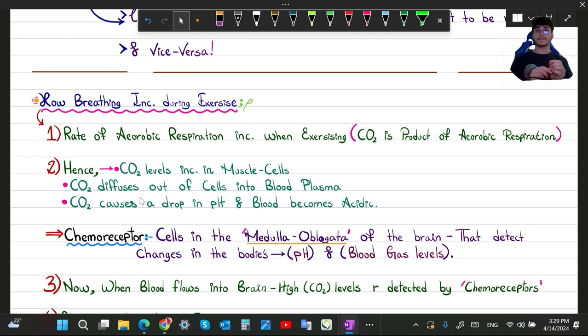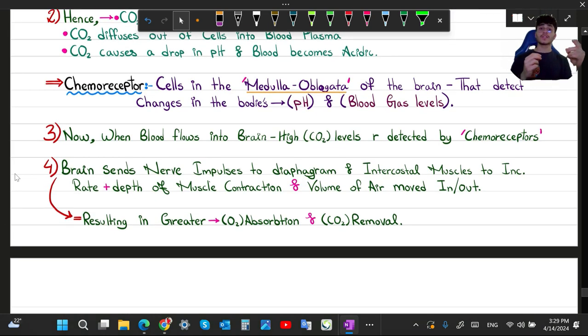Chemoreceptors are receptors that detect changes in pH and blood gas levels. So the chemoreceptors are going to detect the blood and see there's a very high concentration of carbon dioxide. As they detect this, they're going to send nerve impulses as a response to having such high carbon dioxide during exercise.